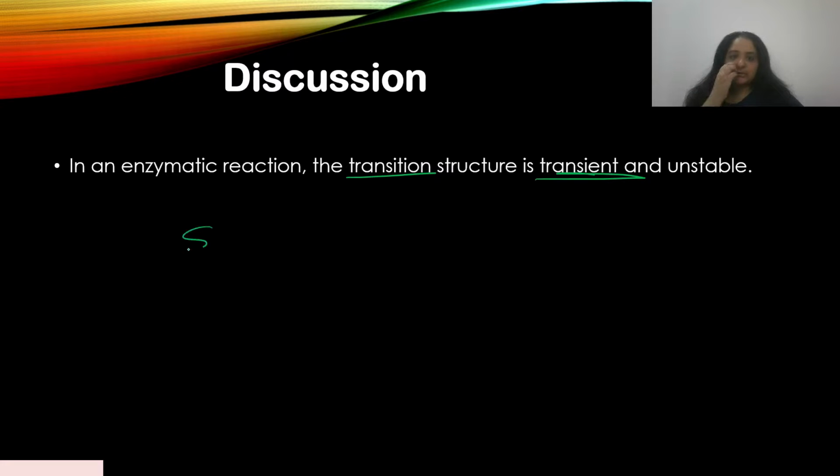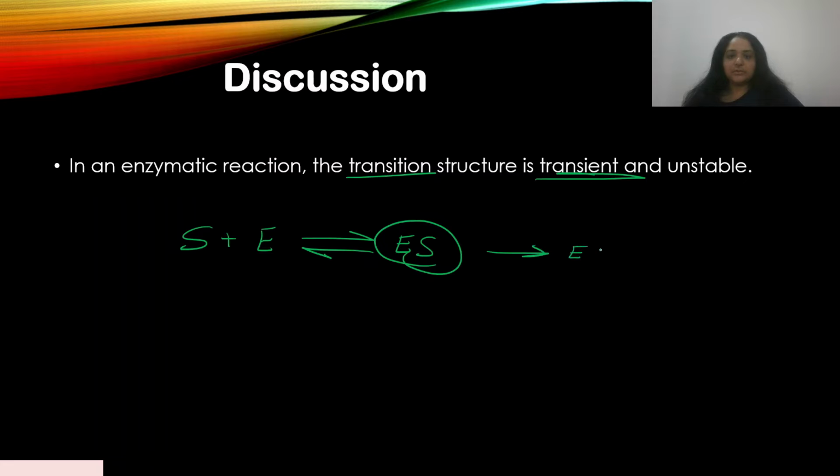If you have a substrate and you have an enzyme, an enzyme substrate complex is formed before the product. This structure is transient, it's temporary, it's not permanent, and it's an unstable structure.